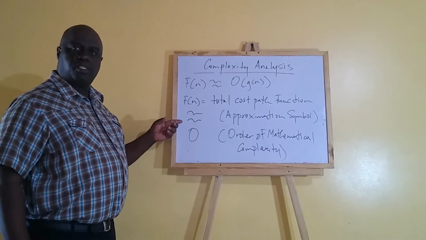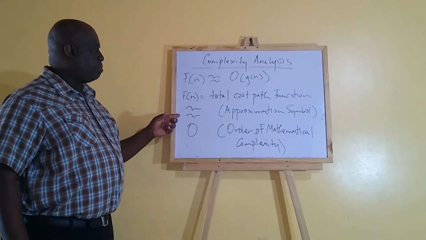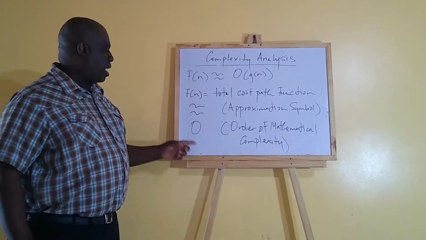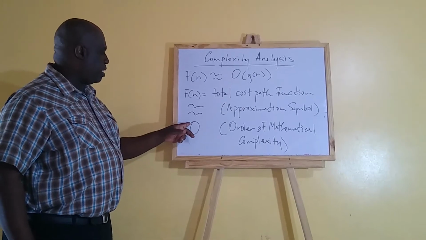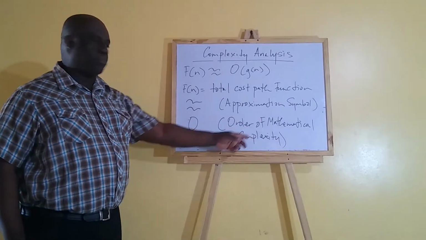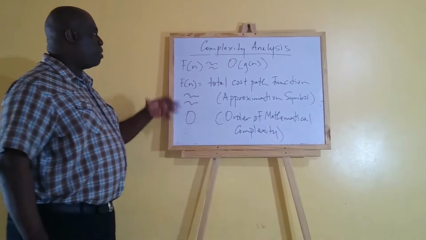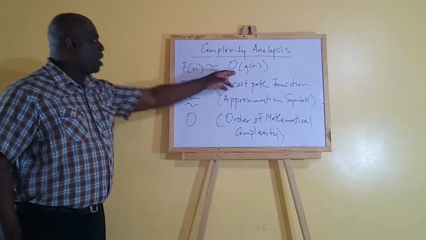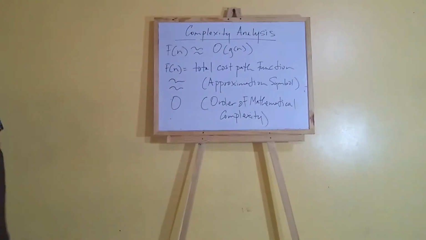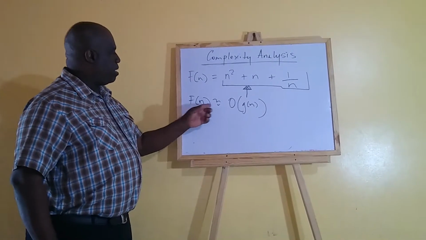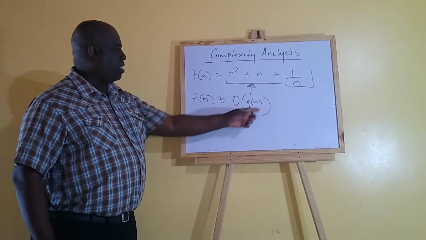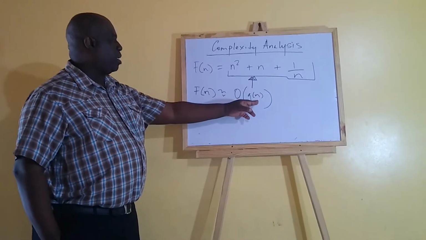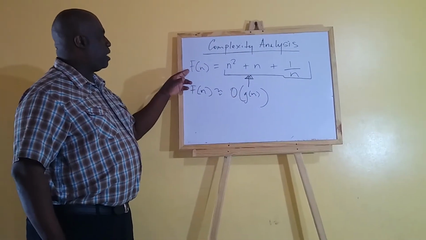This is the approximation symbol which you are familiar with from pre-calculus and calculus. And then O, as indicated here, is the order of mathematical complexity. So we'll be going through each of these. My next turn is for us to look at the g of n, which we'll do in a minute. So for a function f of n approximately of order g of n, the g of n component is really nothing more than a subset of f of n.